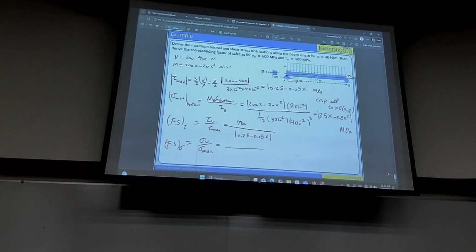All right, so sigma u, just plug in the values, 600 over 25x minus 2.5x squared. You get megas canceled out. You graph this too, and whatever is below 1, you say is failing at that point.